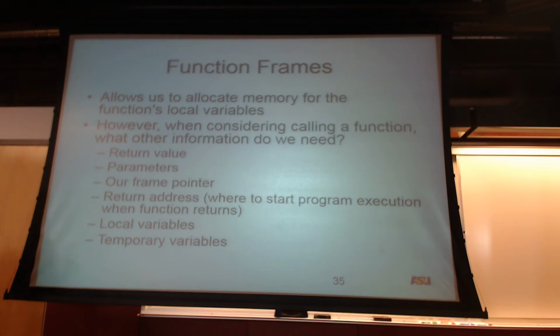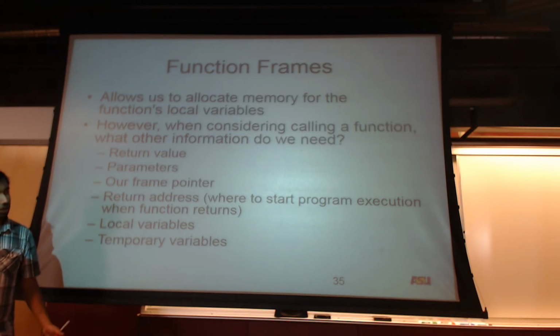So the frame pointer is the pointer that stores the first line of stack where it can put variables. Then we also have to have the return address, which means that after we have done executing the function, what is the next line of code that we should execute? So after the function returns, what is the next line of code? So we should give the return address.